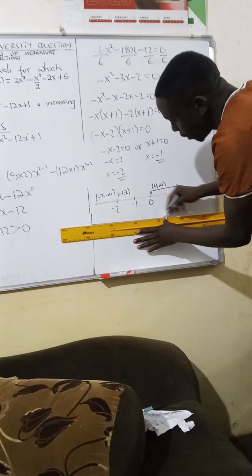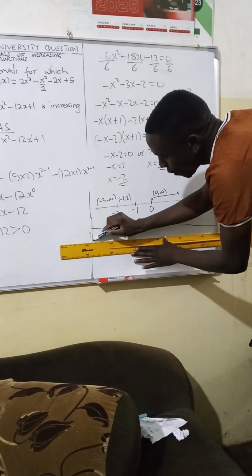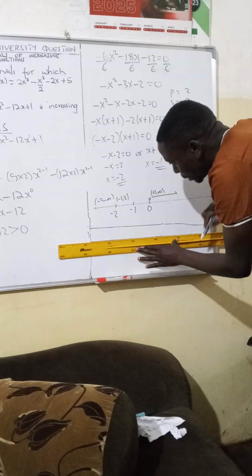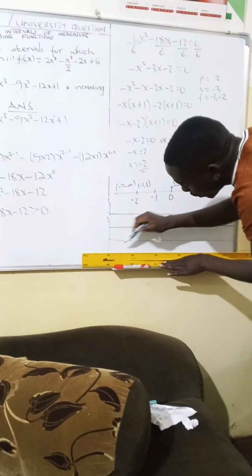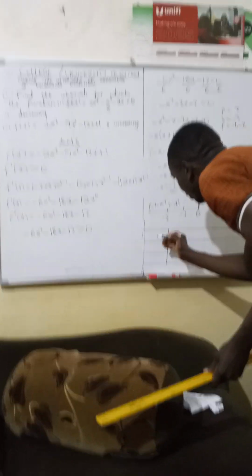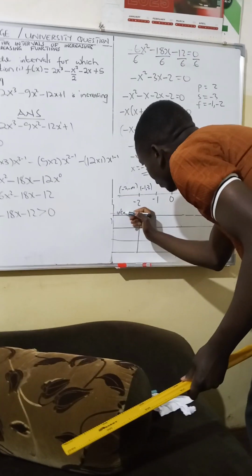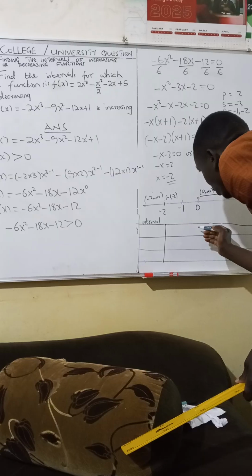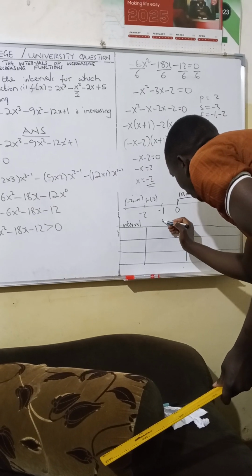Then I'm going to draw my testing table. Here I've got the interval.